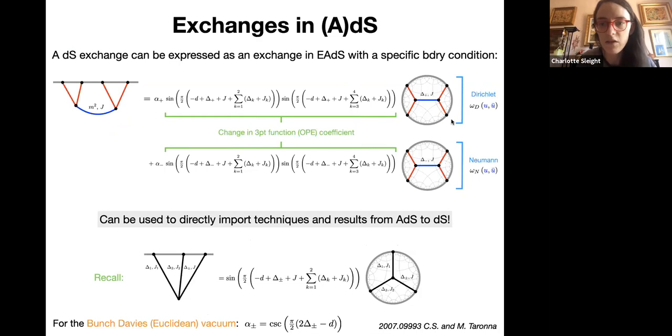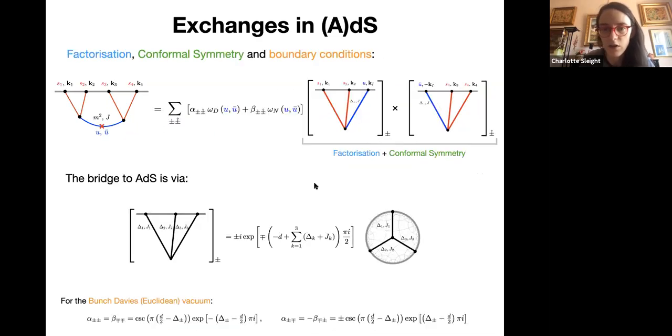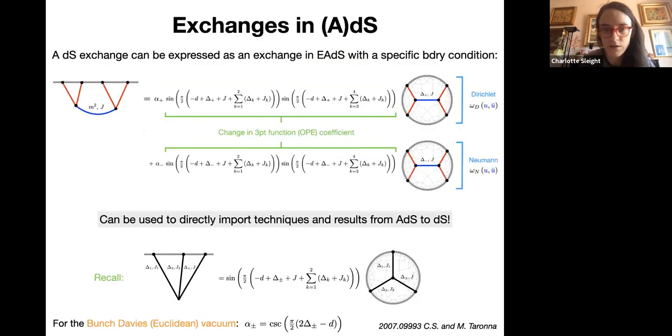And similarly for the contribution from the ADS exchange with Neumann boundary condition, you would again use this relation for each term within the in-in formalism, and you would focus on the contributions that involve this projector omega N. So in this way, you obtain this decomposition of the de Sitter exchange in terms of a linear combination of these ADS exchanges with Dirichlet and Neumann boundary conditions.